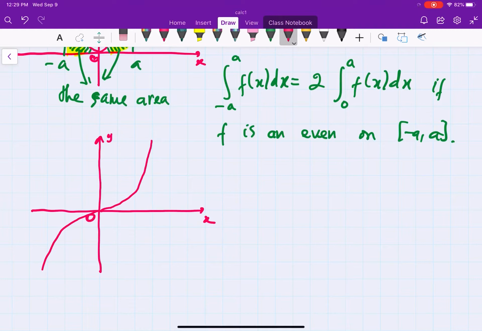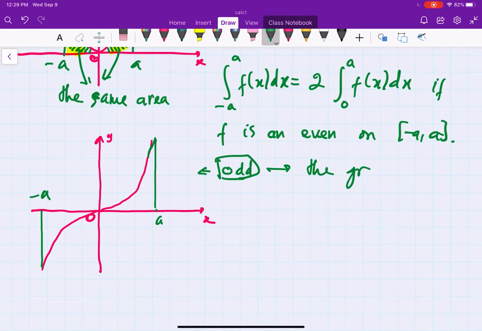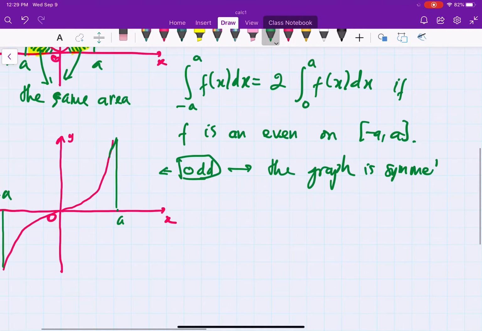You consider the function from negative a to a, and since this is odd, the graph is symmetric with respect to the origin.